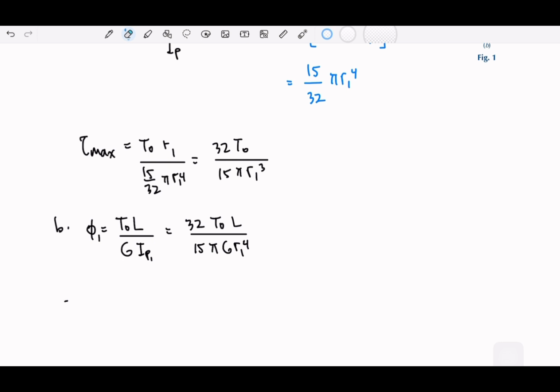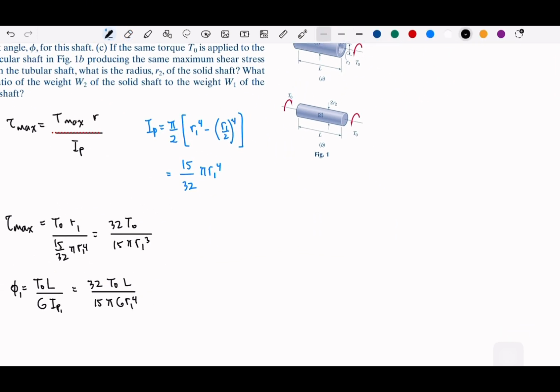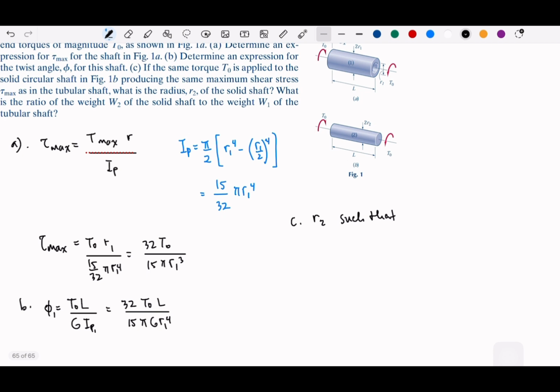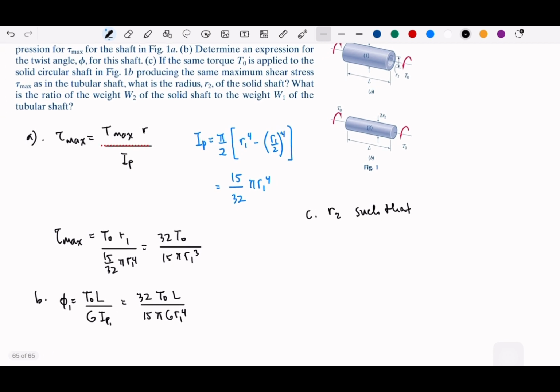And number C, or let me write number C here. Number C: find R2 such that the maximum shear stress tau max will be the same. Okay, so T2 will be equal to T1, which equals T0. So the tau max for 2 is T max times R2 divided by the inertia for picture 2.